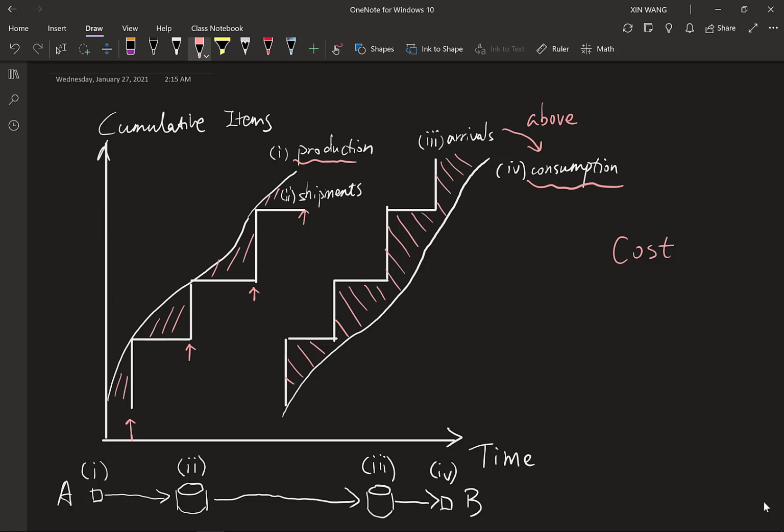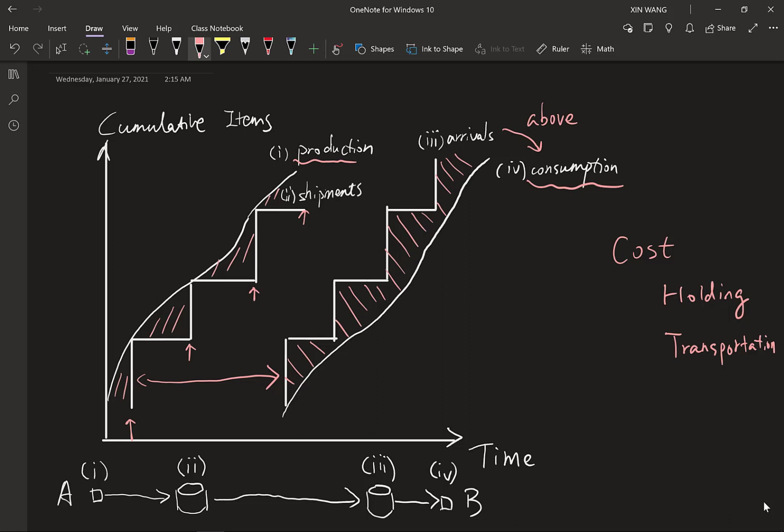And then this cost, typically we call it holding cost. Remember that we need to send a truck or some other transportation method to move the product from location A to location B. So this incurs the transportation cost.